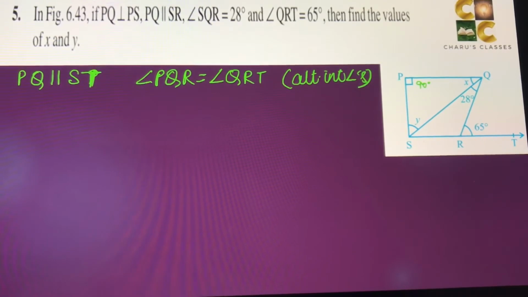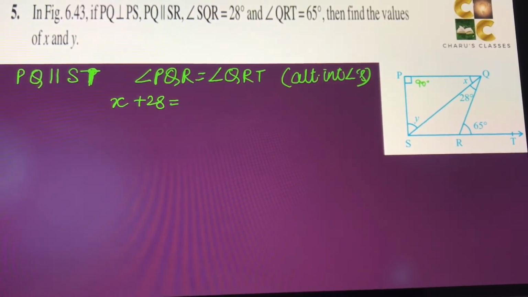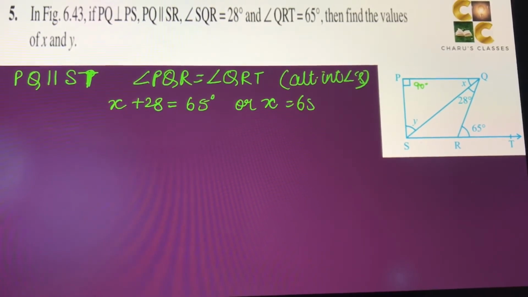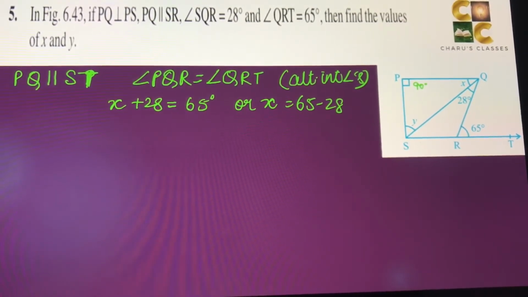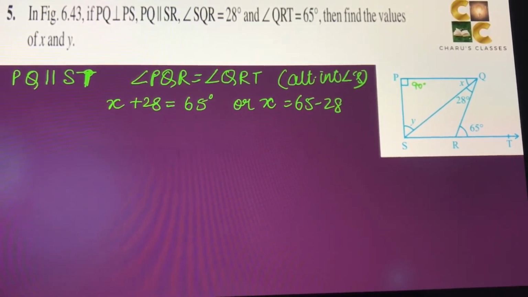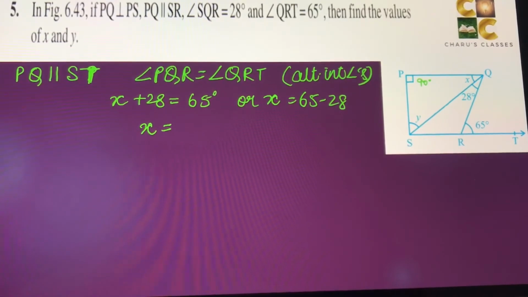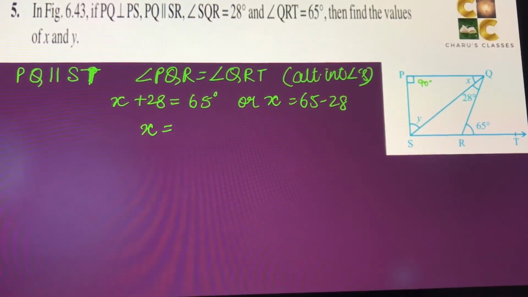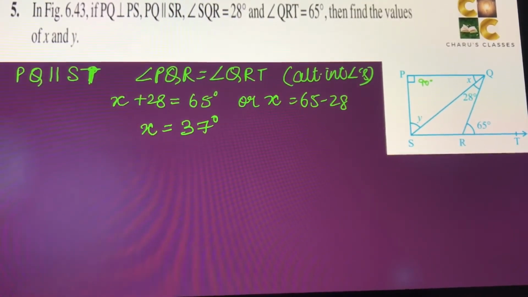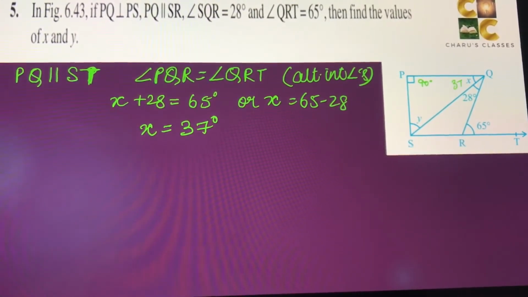And when the lines are parallel, then alternate interior angles are equal. Angle PQR can be written as X plus 28 and angle QRT is 65 degrees. Or we can write X is 65 minus 28, which is 37 degrees. So that gives my angle X as 37 degrees.